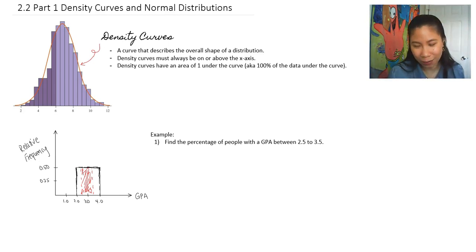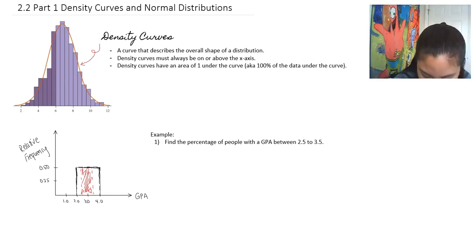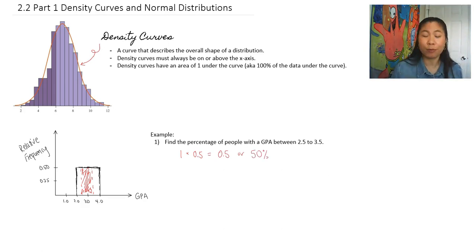To find the area of a rectangle, it's just length times width. Between 2.5 and 3.5, that's a width of 1 times the height of 0.5. When I multiply that out, I get 50% of people have a GPA between 2.5 and 3.5.